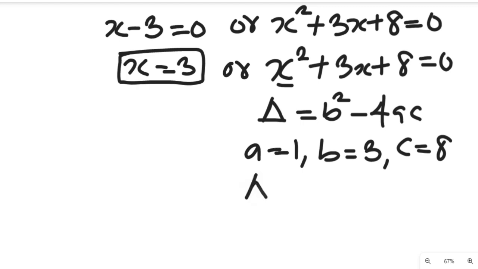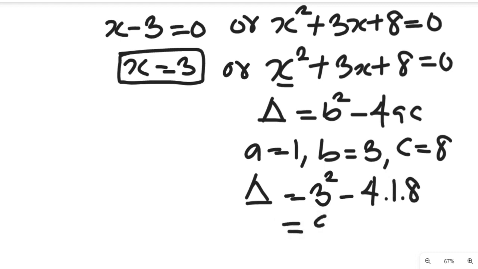So our discriminant will be equal to b squared, which is 3 squared, minus 4 multiplied by 1 multiplied by 8. So this will be equal to 9 minus 4 multiplied by 1 will give us 4. 4 times 8 will give us 32.